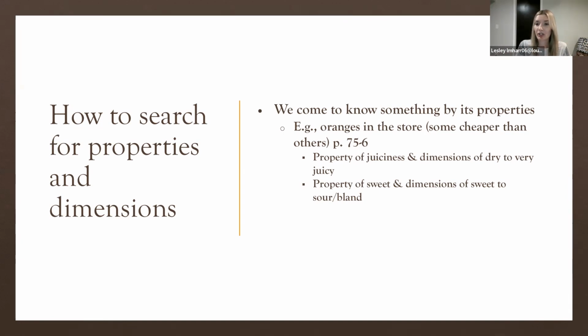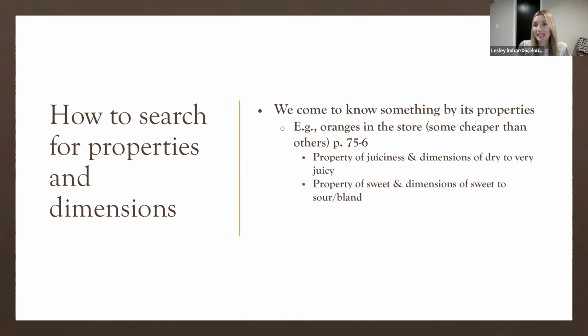So Corbin and Strauss in chapter 4 use kind of an interesting and simple analogy as looking for oranges in a store. So you're looking across oranges in the store and you're noticing that some are cheaper than others. That's just an observation. So you're noticing that the price of them is linked to this idea of juiciness.